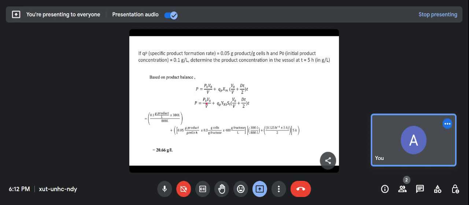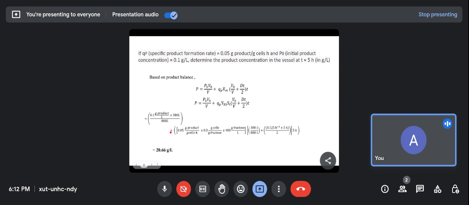So P equals P naught, which is the initial product rate, is 0.1. Okay, that is given to you here, 0.1 into initial volume 300 by final volume 800.